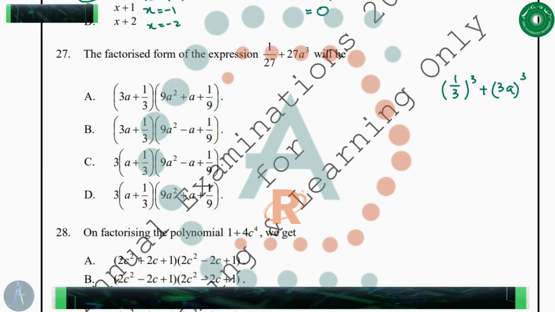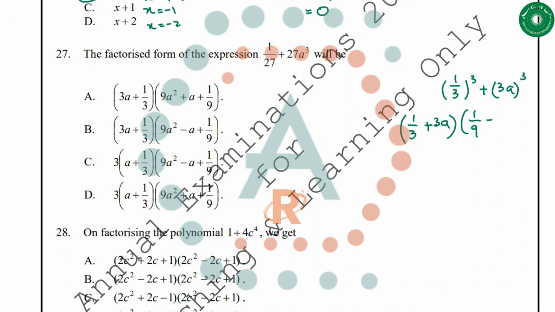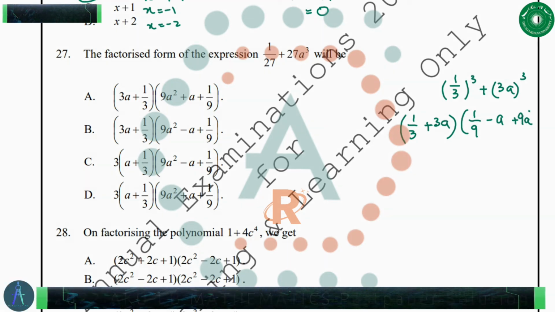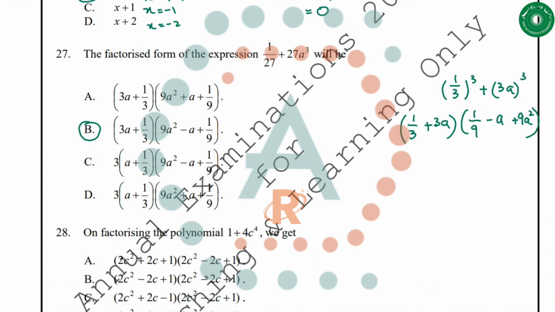When we factorize this, we will get 1 over 3 plus 3a, and a square that will be 1 over 9, minus ab, that will be a and b, plus b square that will be 9a square. So this is the factorized form of this expression, that is in option B. So this is the right answer.